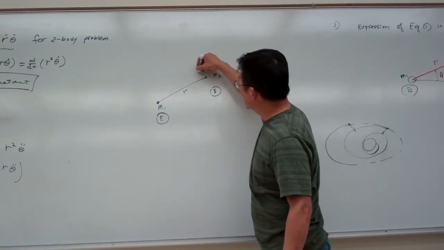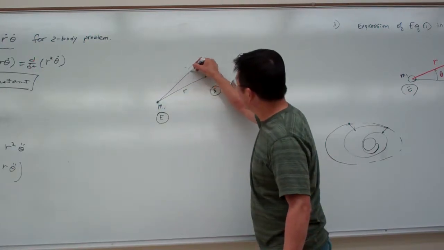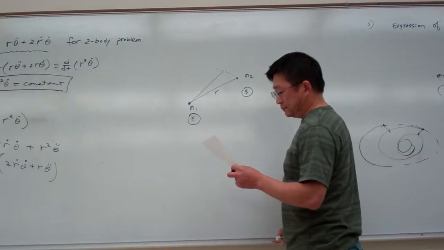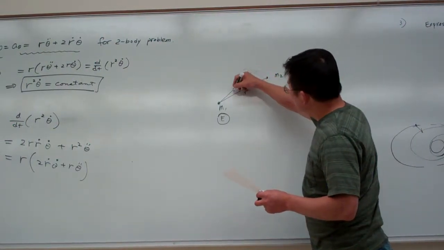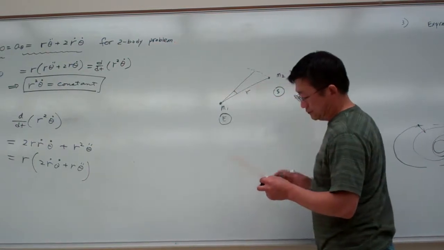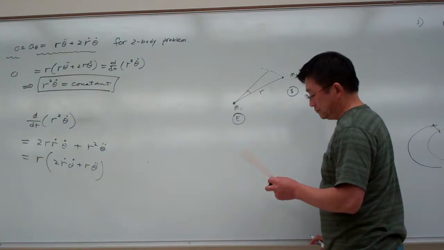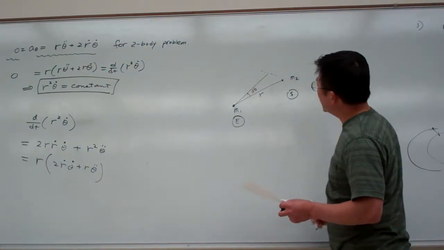This one is moving in orbit to the next moment. Let me call this small angle d theta.